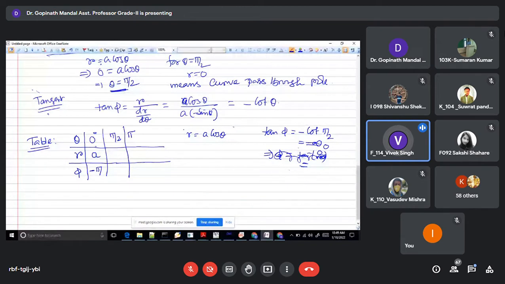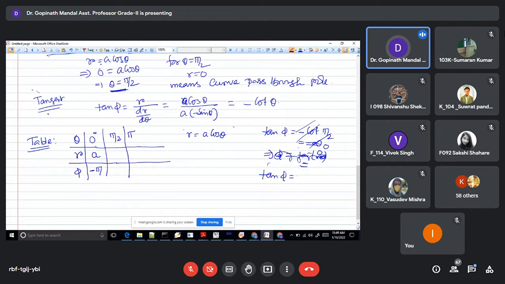Tan phi equal to minus cot 0, that will be minus infinity. In that case, phi equal to minus pi by 2. For pi by 2, r will be equal to 0 and phi will be equal to 0. And for pi, r is minus a and phi is pi by 2. This is the angle of tangent phi.